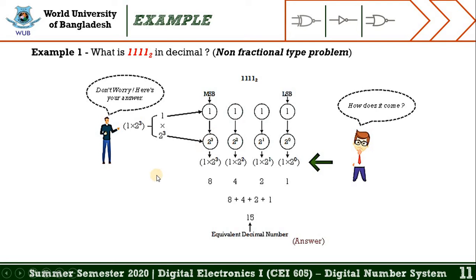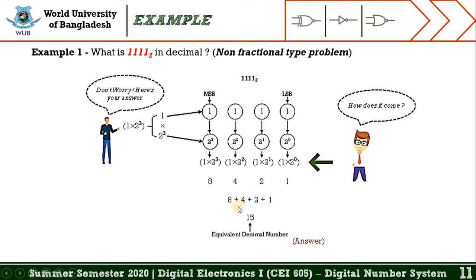After this, we multiply the given binary digits by the binary positions in the positional notation: 1 into 2 to the power 3, 1 into 2 to the power 2, 1 into 2 to the power 1, 1 into 2 to the power 0. The products are 8, 4, 2 and 1.